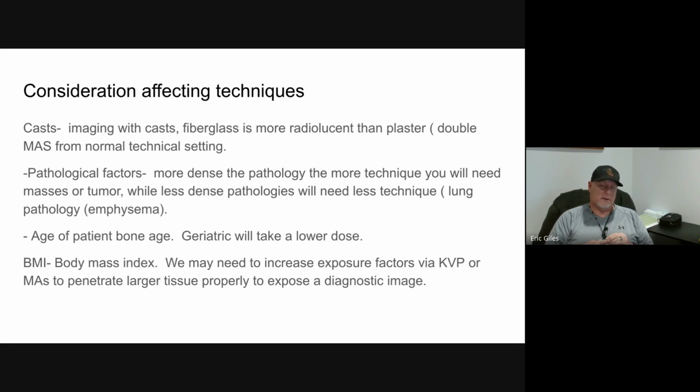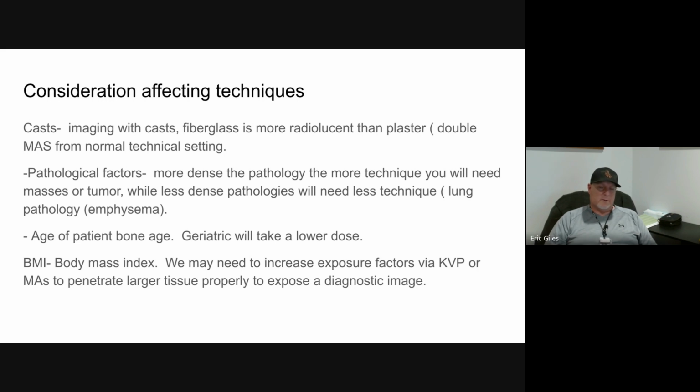Their bones are really soft, not real dense yet. Just need less dose. And we've all heard of BMI, body mass index. We need to increase our exposure via kVp or via mass to penetrate larger tissue properly to get diagnostic images. So, as X-ray people, we need to pay attention to BMI.